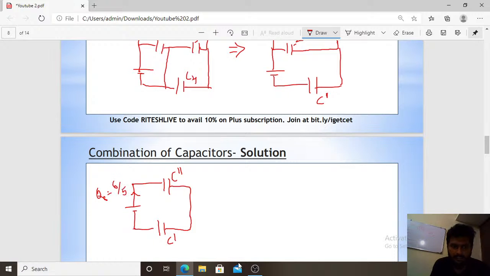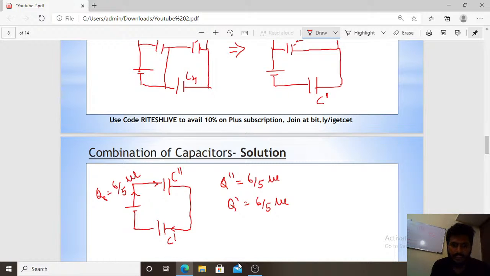6 by 5 microcoulombs. Is it right? Yes. So I can say the charge over these two capacitors will be the same, that is Q double dash also 6 by 5 microcoulomb, and even Q dash is also 6 by 5 microcoulomb. Okay, but I need charges on every capacitor.